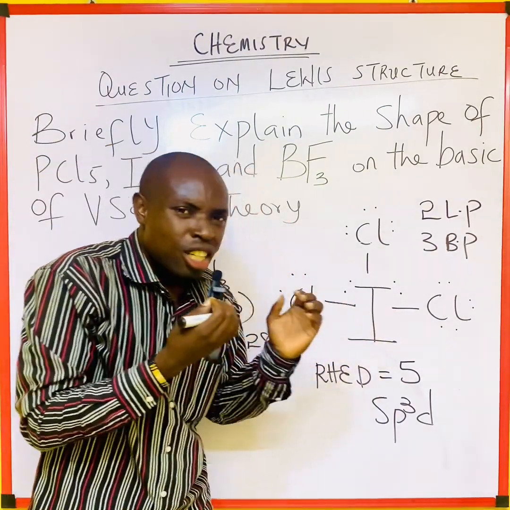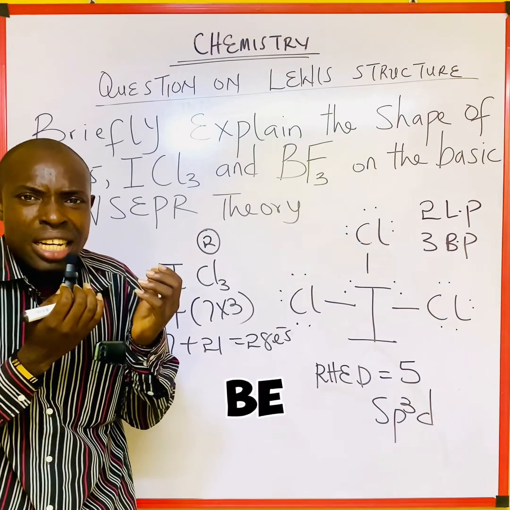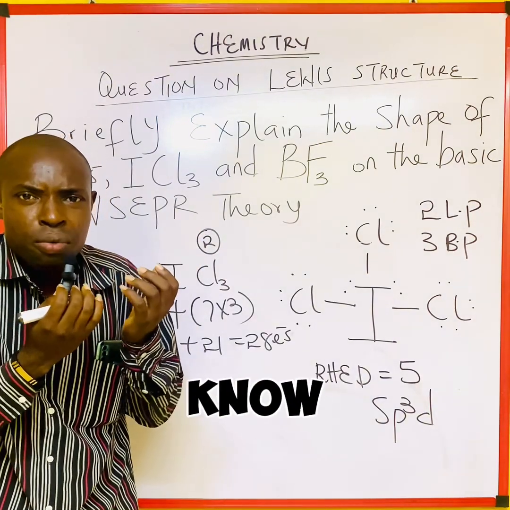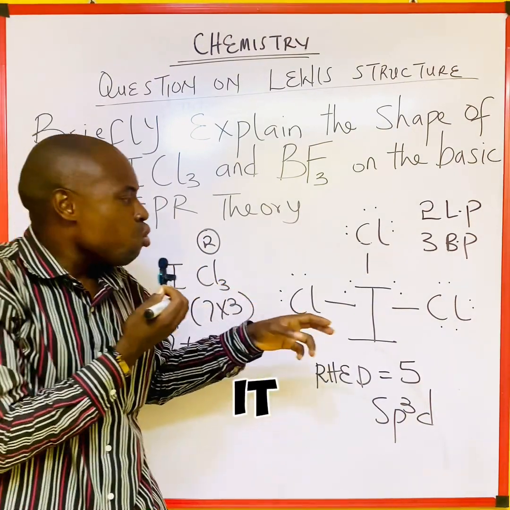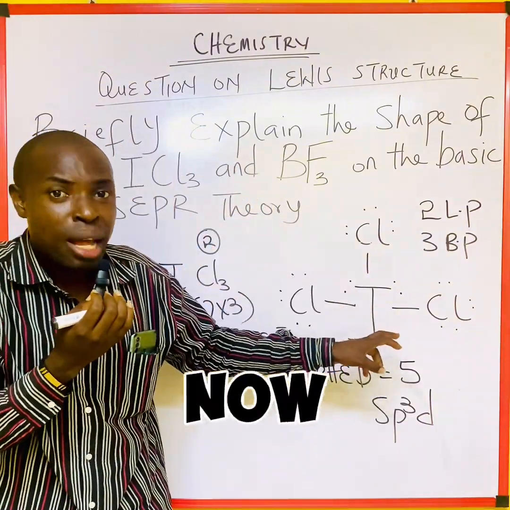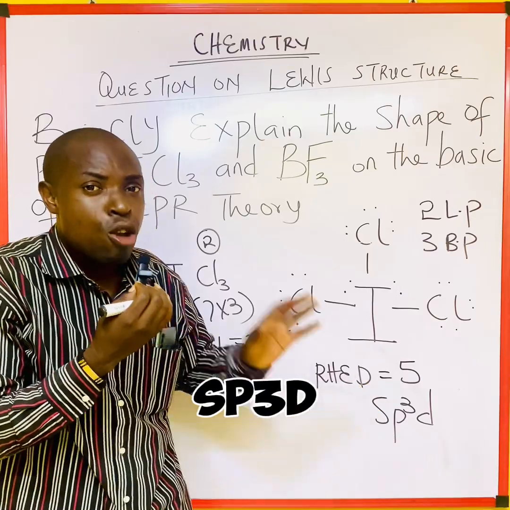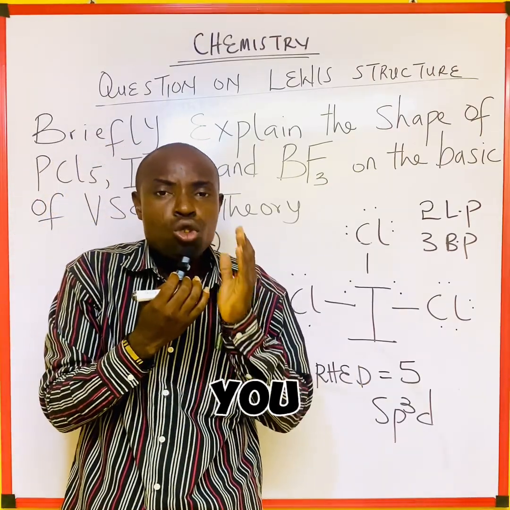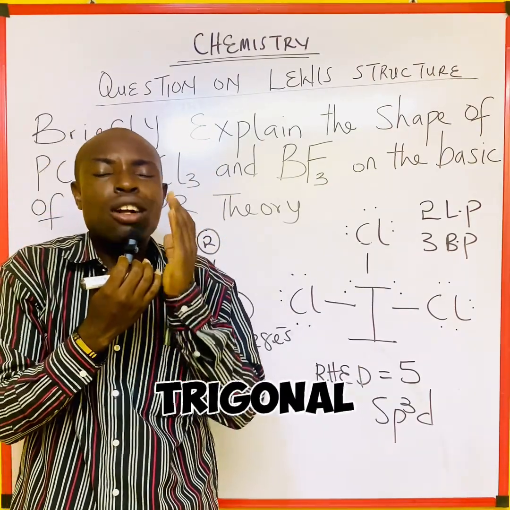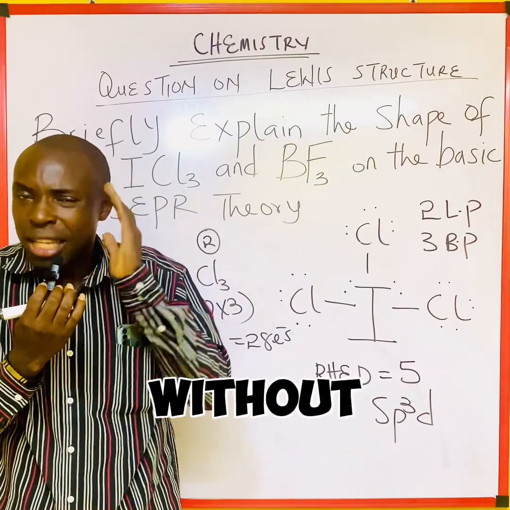Take note that because this molecule has a lone pair, the shape will not be the normal shape you know. Normally, if you are having sp3d, you ought to be trigonal bipyramidal without a lone pair.